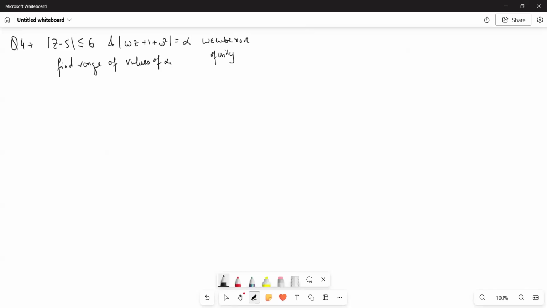Find the range of values of alpha. If mod of z minus 5 is less than equal to 6 and mod of omega z plus 1 plus omega square is equal to alpha, where omega represents a cube root of unity, find the range of alpha.